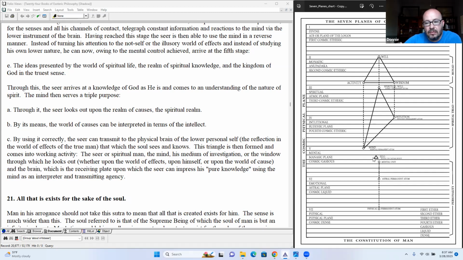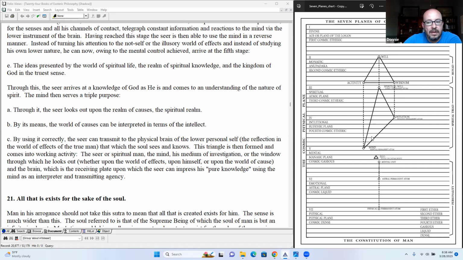So this being the soul, it'll be operating in here. So it's sending it down into the physical brain, way down here on the physical plane. So we're using what would be called the antahkarana, I guess, and the bridge. We're receiving information all the way down here on the physical plane.